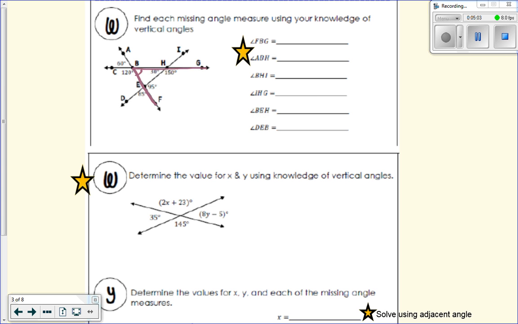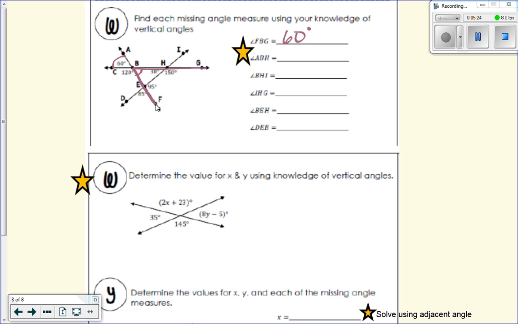This angle right here. What do we know about vertical angles? They're congruent. So what angle is vertical? That's right. What's the angle measure? 60 degrees. Good. So angle FEG is also 60 degrees.